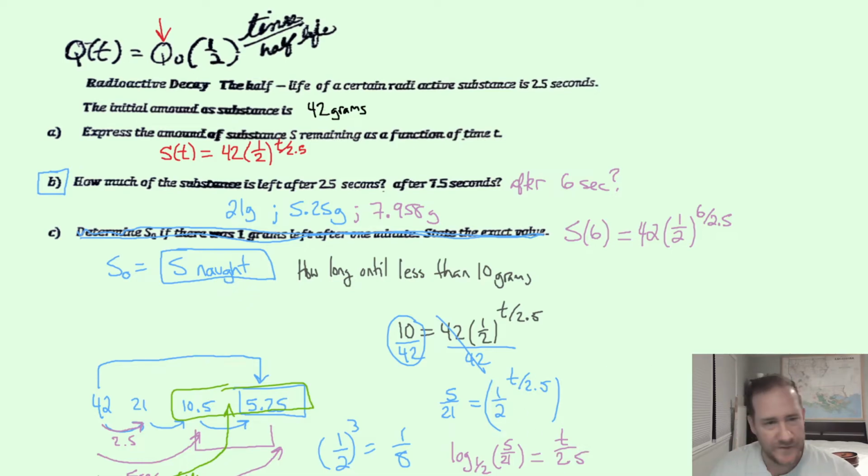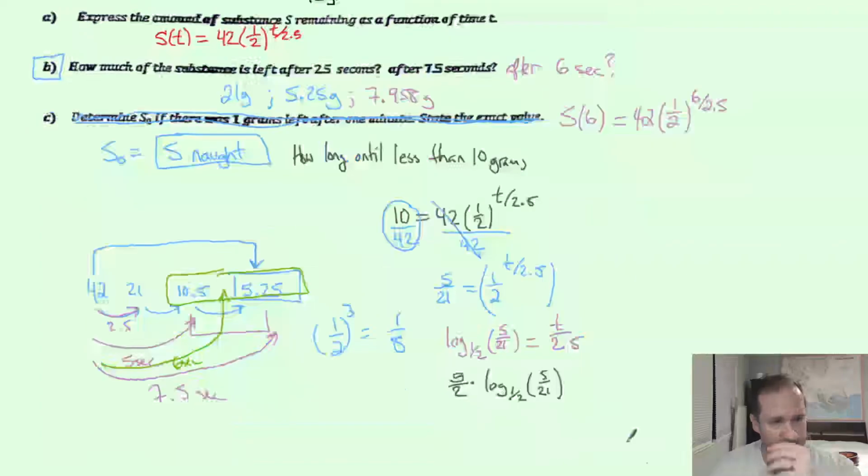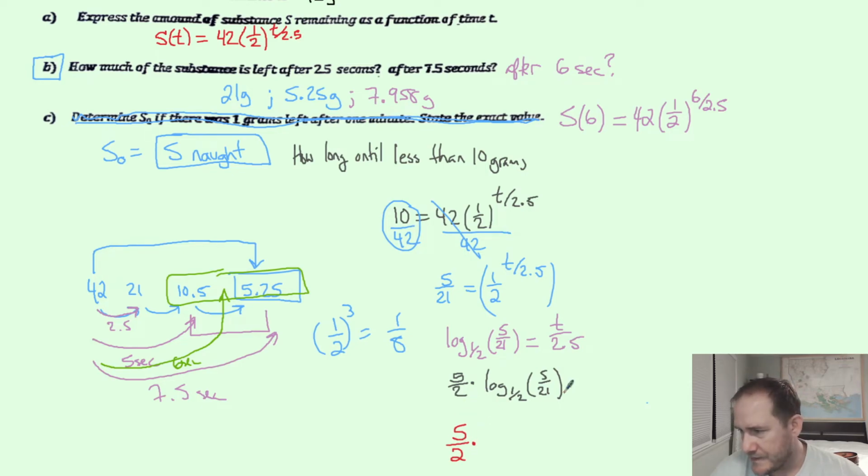I see that I'm off the grid, or I'm not on the screen, but now I'm back on the screen. You could also give me the slightly more lovely answer of 5/2 and then use that rule I said, where if you want to take the reciprocal of the base, you can, as long as you also take the reciprocal of the argument. So 5/2 log base 2 of 21/5.